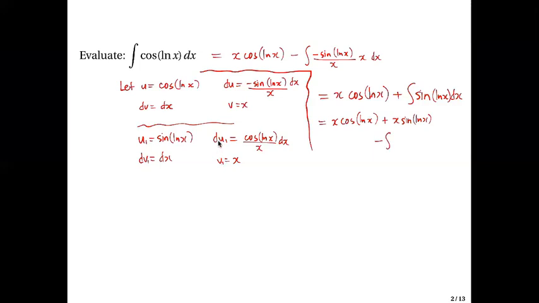So the integral of cosine of ln of x over x, and then times x, and then we have the dx. Okay?